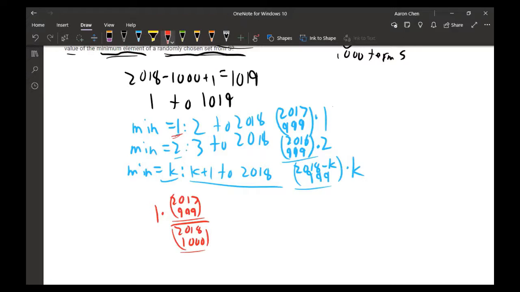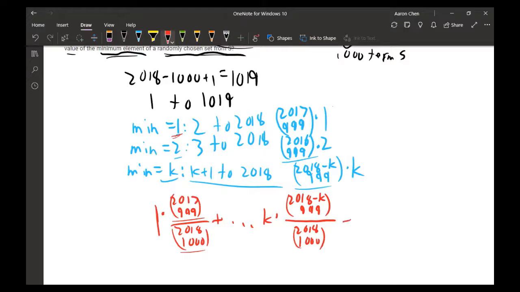Okay, so this is the total contribution that 1 adds to the expected value. And so now the total contribution in general for k would be k times the number of ways to choose a subset of 1,000 elements from the 2018 elements, such that the minimum is k, which is this number, divided by 2018 choose 1,000.